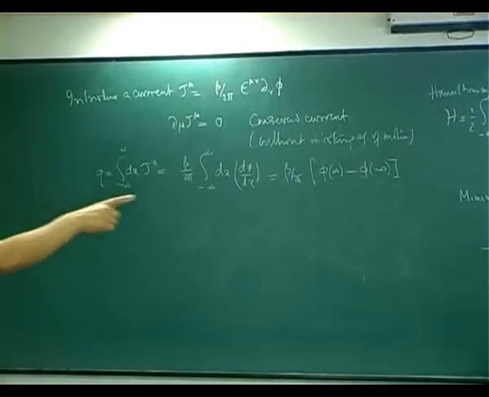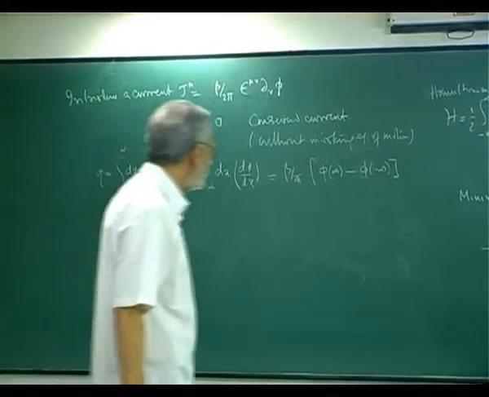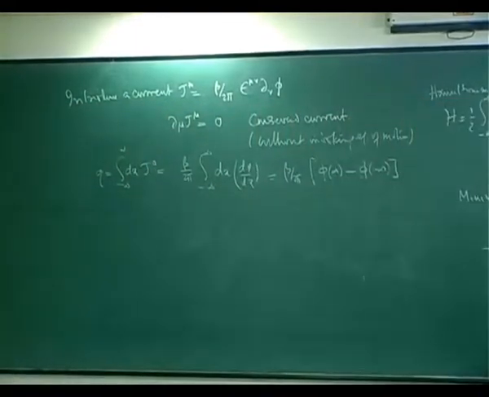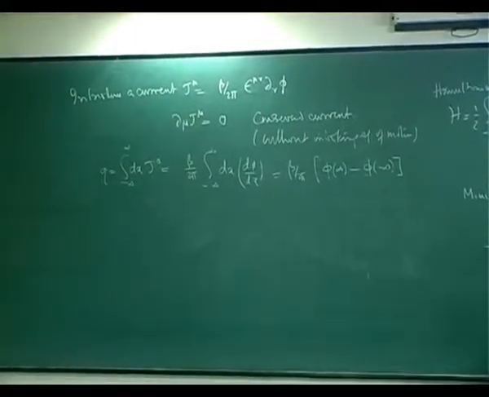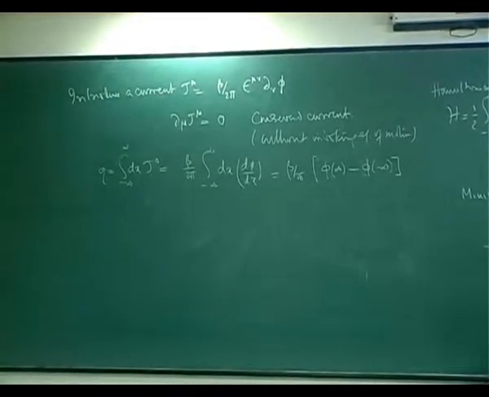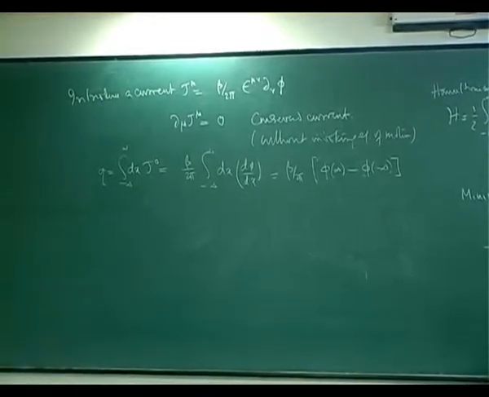And for those 2 configurations that I constructed, beta phi at minus infinity is 0 and beta phi at plus infinity is 2 pi.